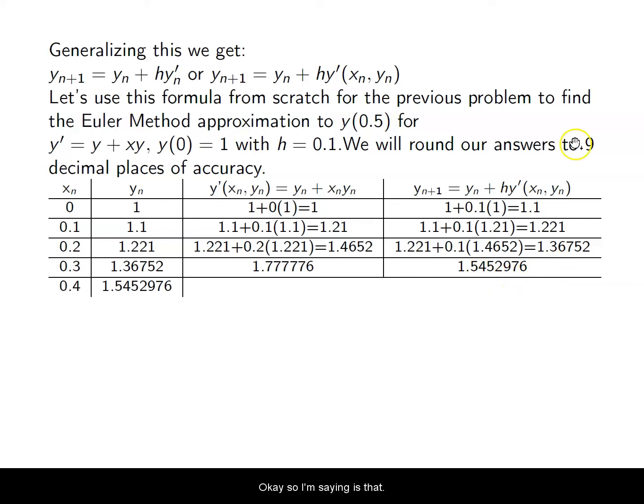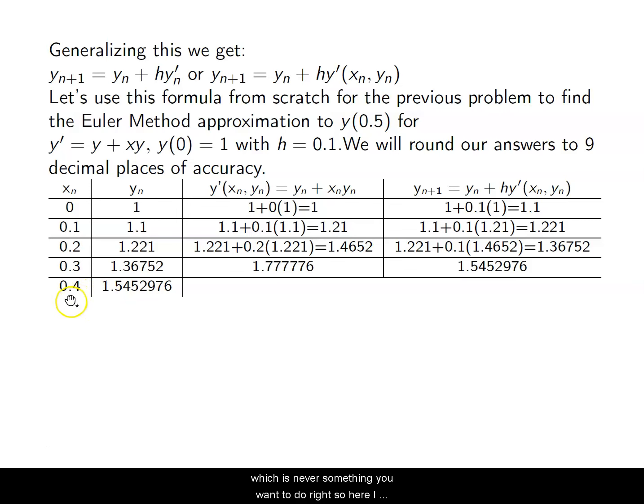Okay, so all I'm saying is that when you're doing this, you never ever want to round, right? But however, when you show your values, you do want to round when you show them to me, or if you're creating this table. However, when you're doing math, you want to use math on values that have not been rounded. Otherwise, you're going to accumulate a rounding error, which is never something you want to do, right?